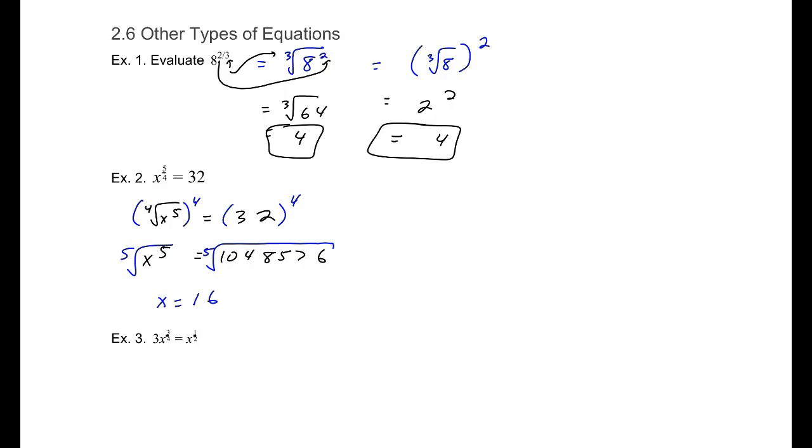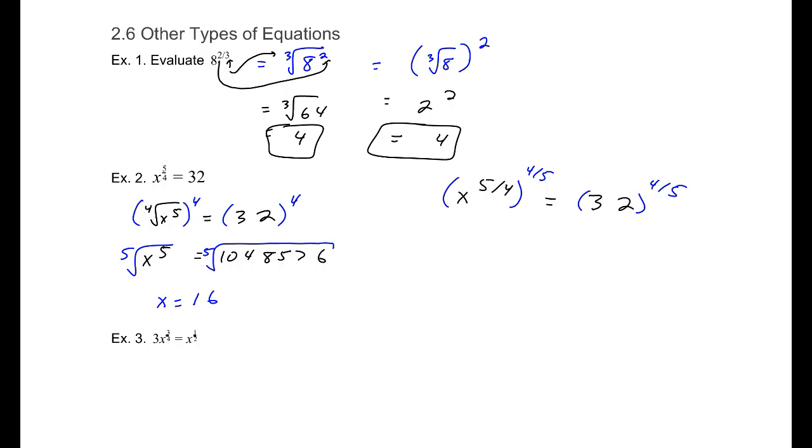Now, what I could have done instead, and I'm going to point this out in a couple of places, with x to the 5/4 equals 32, is raise both sides to the reciprocal of the exponent that I currently have. Raise these to the 4/5, which will be precisely what I did in these steps over on the left.